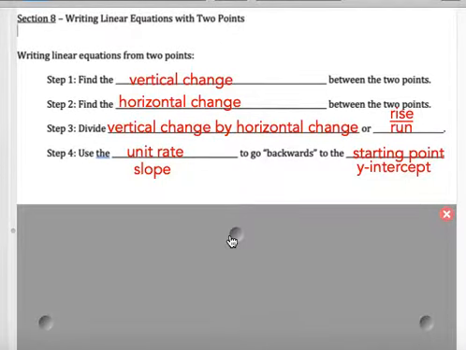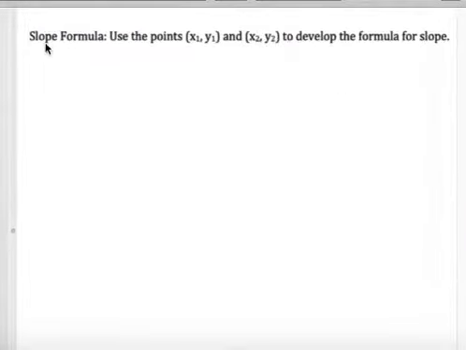Now that we've gone through a couple of context problems, we'd like to go ahead and formalize the slope equation, or the slope formula. So I want you to think to yourself for about 90 seconds.